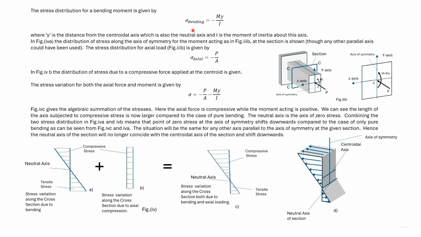Due to bending only, the stress variation is given as sigma bending is equal to minus My divided by I. Due to the compressive force, sigma axial is given as minus P divided by A. It is uniform along the axis of symmetry and does not depend upon y.